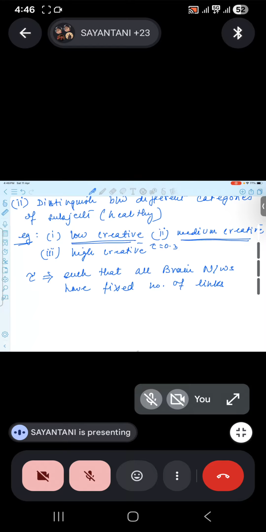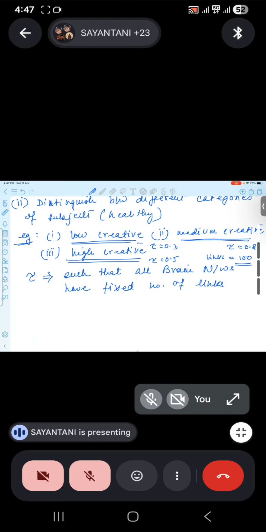For medium creative people, you are choosing the value of tau as 0.8, and for high creative, the value of tau is 0.5. If these values of tau are kept, then the total number of links for all categories of networks is, say, 100. So you have to manually find out the correct value of tau for each and every category, so that the total number of links adds up to be the same.